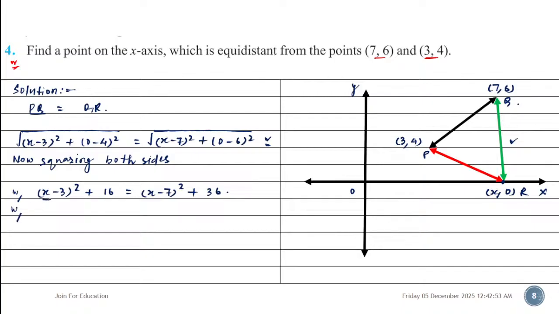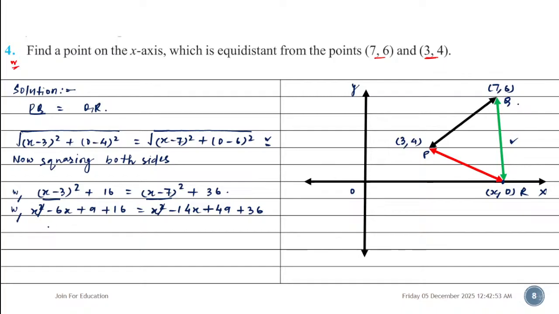Now we expand this according to (a minus b) whole square. Then we get x square minus 6x plus 9 plus 16. Similarly, we expand the other one, and we get x square minus 14x plus 49 plus 36. We cancel out x square.